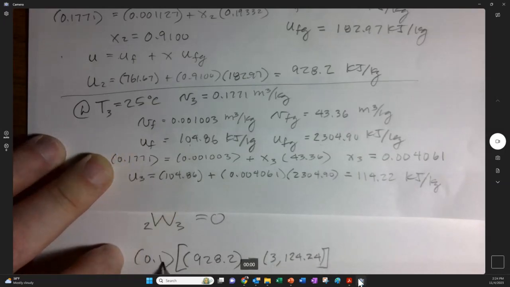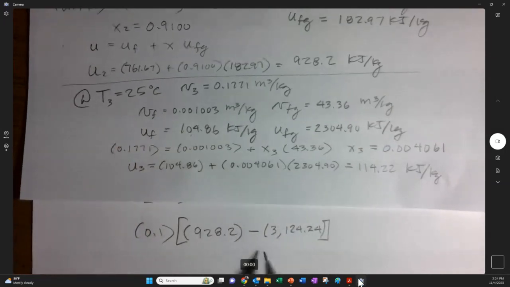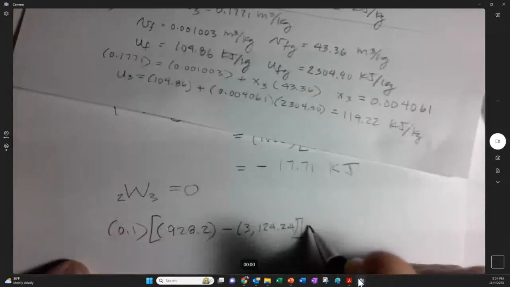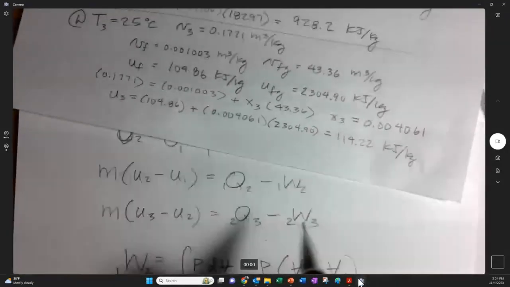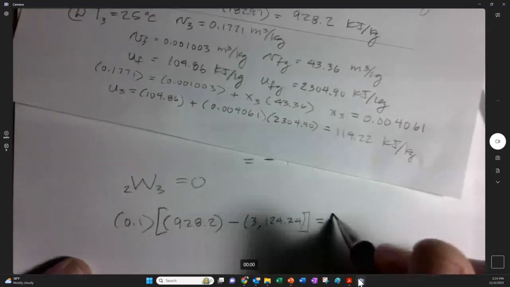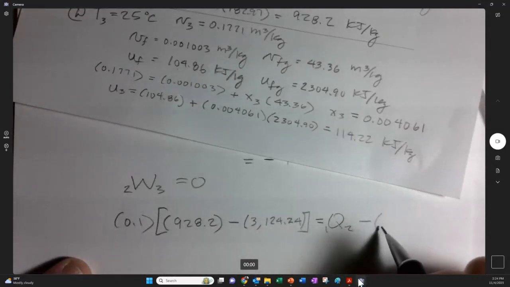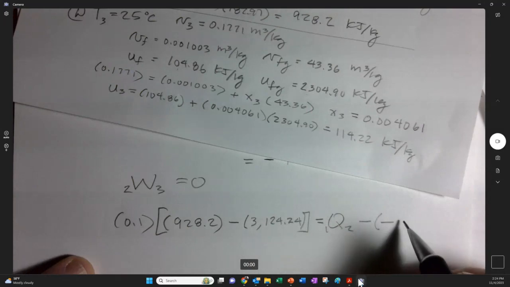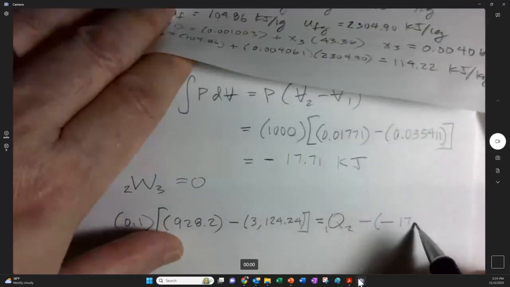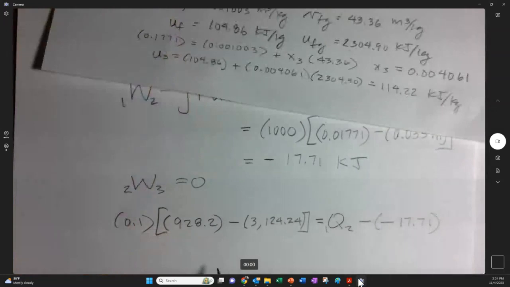These are kilojoules, and that's a kilogram. So this is going to be kilojoules, equal to Q1 to 2 minus 17.71.